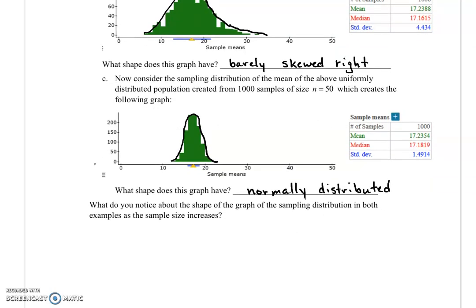So regardless of what the underlying shape is, it doesn't matter what the shape of the original distribution is.